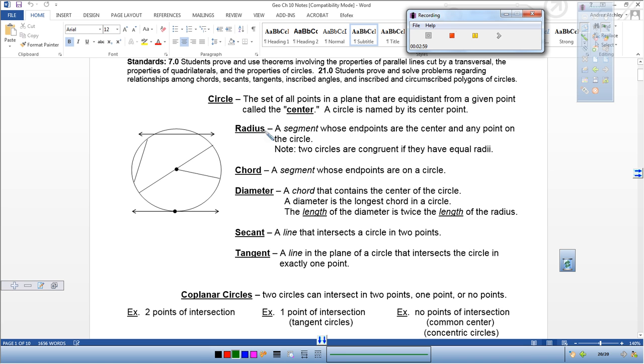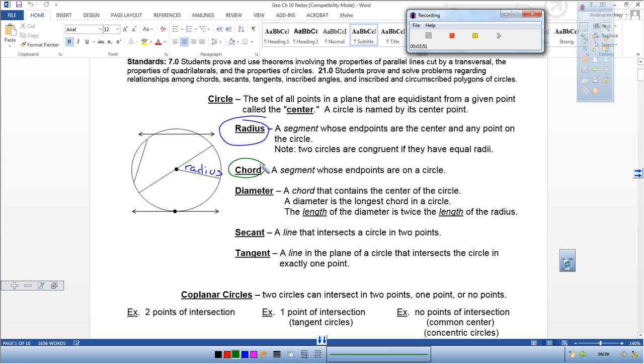Okay, we have a radius, which is a segment whose endpoints are at the center and a point on the circle. So this is what we call a radius. Goes from the center to a point on the circle. Then we have chord.